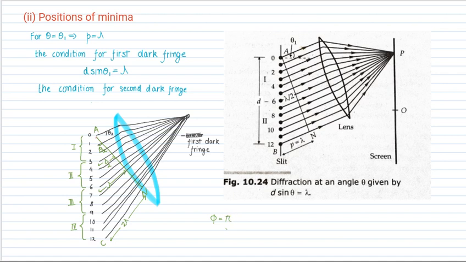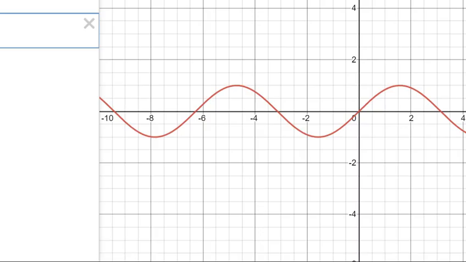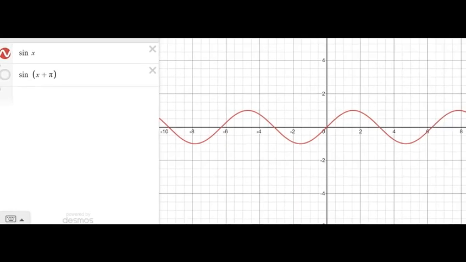The light which travels from this point. There is no phase difference for the light which starts from this point A. But since there is a path difference of lambda by 2, for a path difference of lambda by 2, the phase difference corresponds to pi. That means the light which starts from this point will have a phase difference of pi. So for this, you can consider this one.